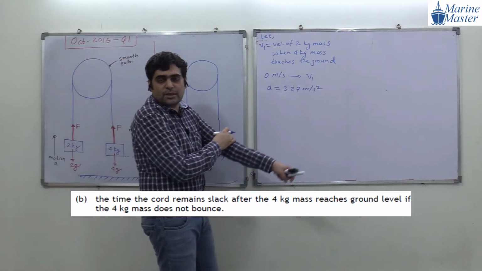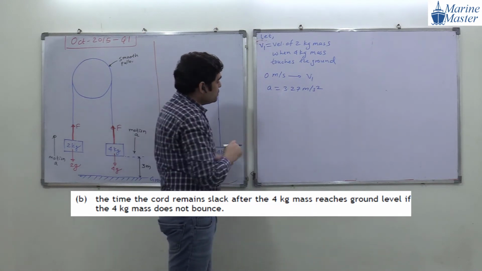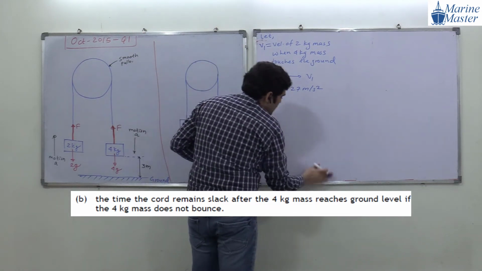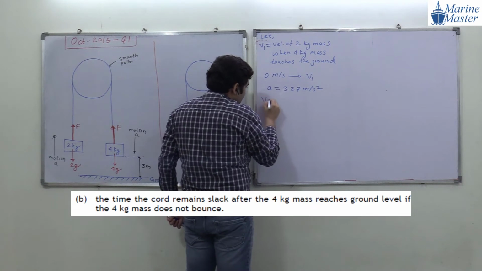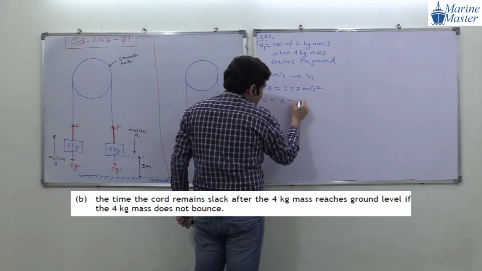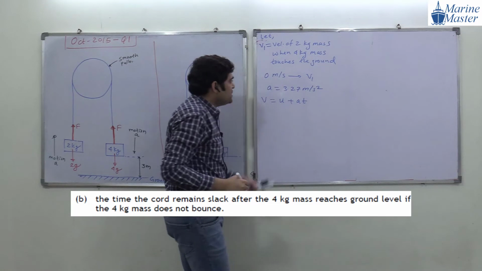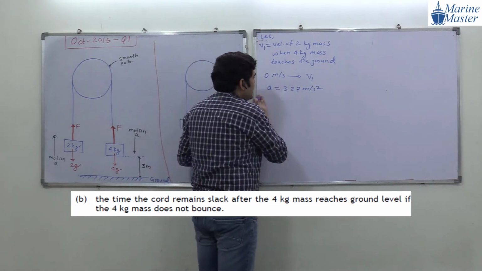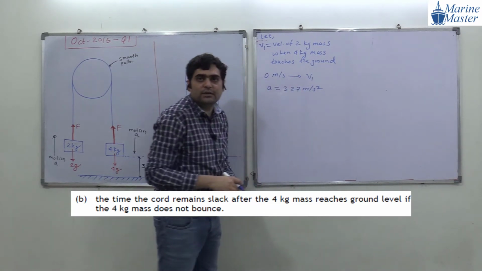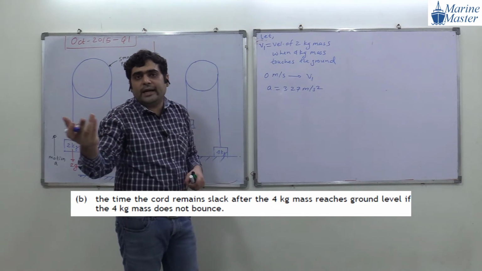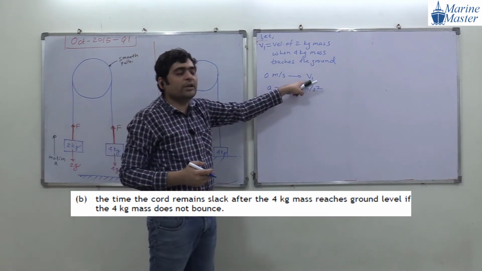Now, guys, try to see the point here. We know v is equal to u plus at. And how much time did we take to achieve this velocity? Whatever time we calculated in part A, in the same time we achieved this velocity.